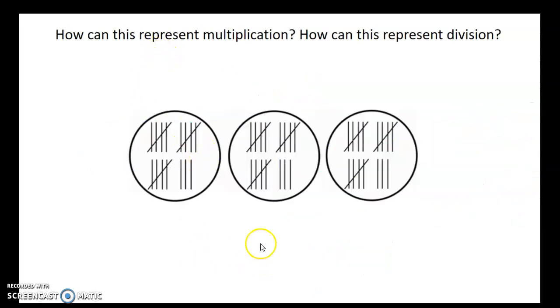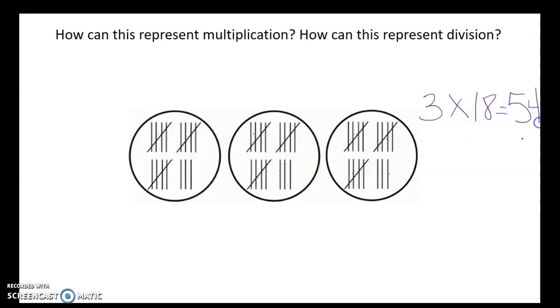All right, here's another one with tally marks. The same idea. You would count your groups. You have 3 groups times how many's in each? 5, 10, 15, 16, 17, 18 in each. Now, these are easier to count. They're in groups of 5. You could go 5, 10, 15, 20, 25, 30, 35, 40, 45, 46, 47, 48, 49, 50, 51, 52, 53, 54.